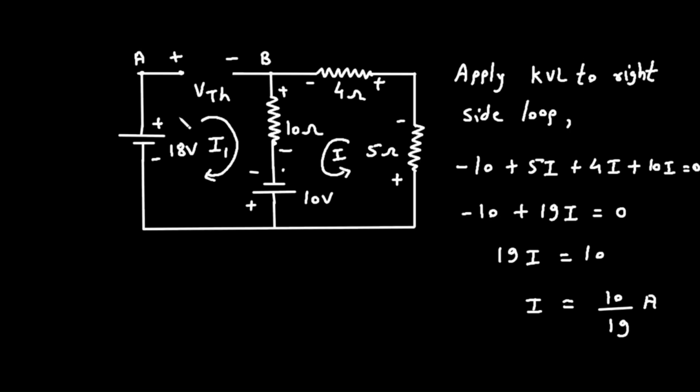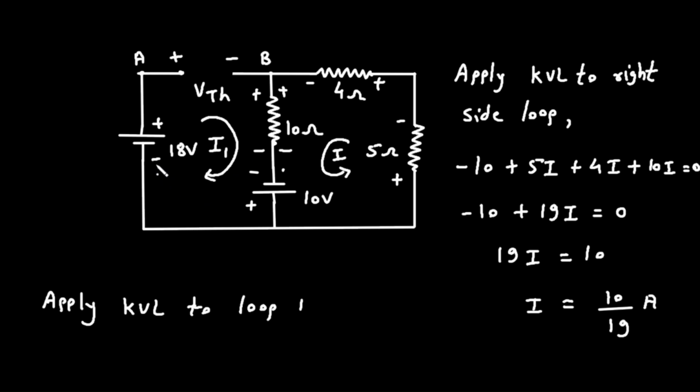Now let's apply KVL on the left side, loop 1, starting from this point. According to the direction of this current, it will be positive and negative here.